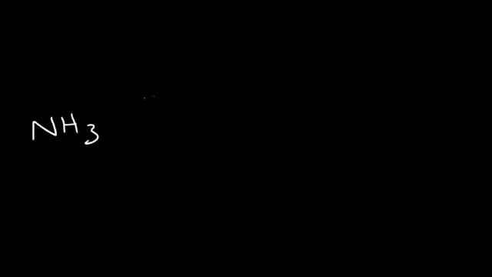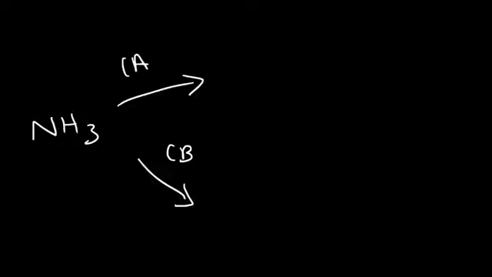So given ammonia, write the conjugate acid and the conjugate base of NH3. For the conjugate acid, we have to add a hydrogen. It's NH4 with a plus charge. To write the conjugate base, we need to remove a hydrogen, so it's NH2 with a negative charge. Now, for the sake of practice, try this one too. Let's say we have H2PO4-.